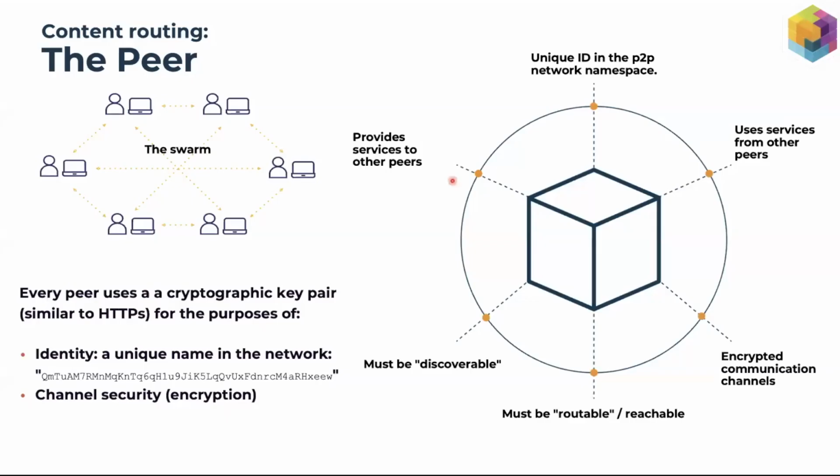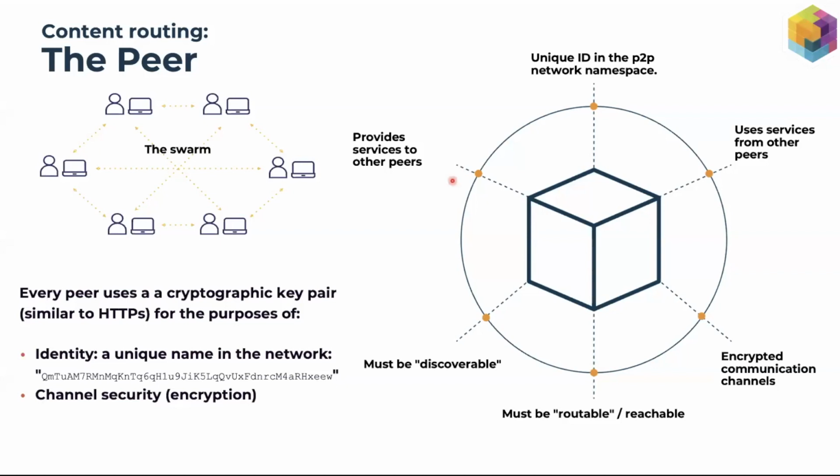So in terms of routing, there are different types of peers. Entering the IPFS ecosystem, you become a peer in the network, and then you join the DHT. Someone can join the DHT as a server or as a client.